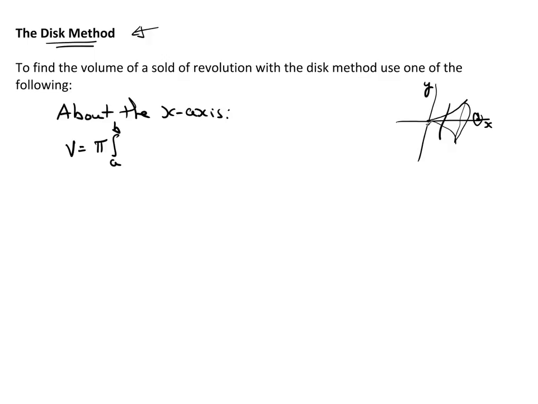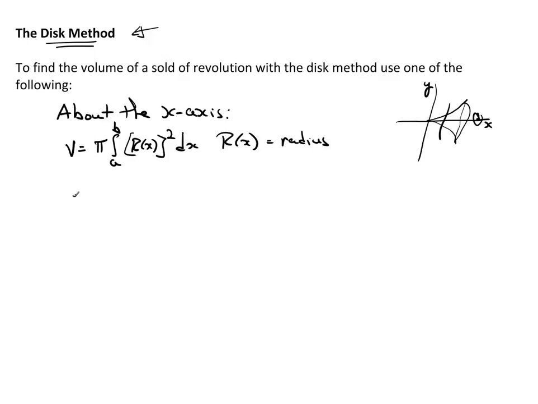In this case, the previous example is 0 to 1, but it could be like 3 to 9, whatever, times capital R of x squared dx, where capital R of x is actually the function that represents the radius.